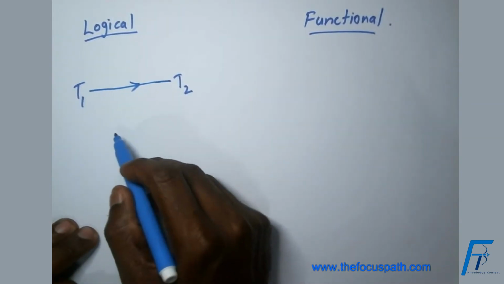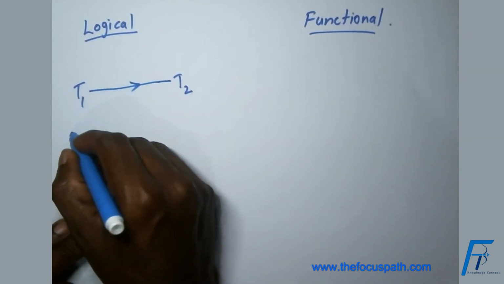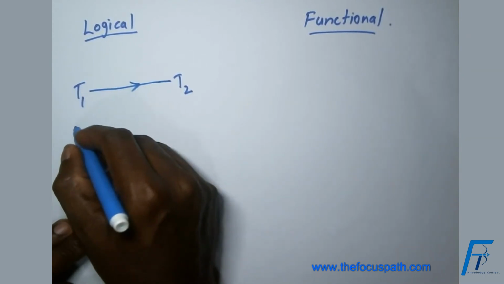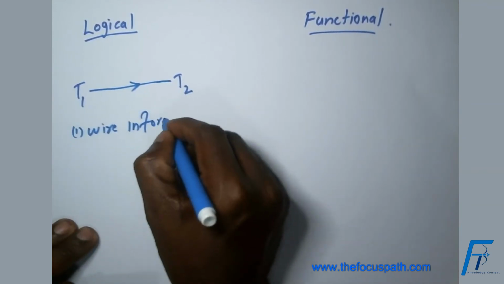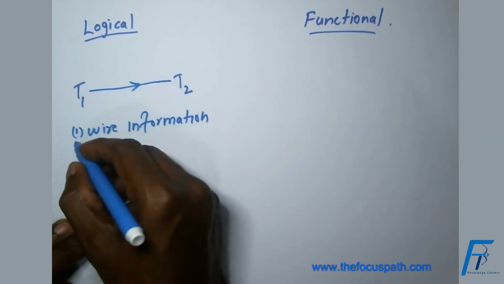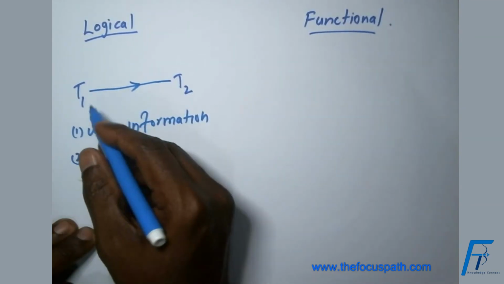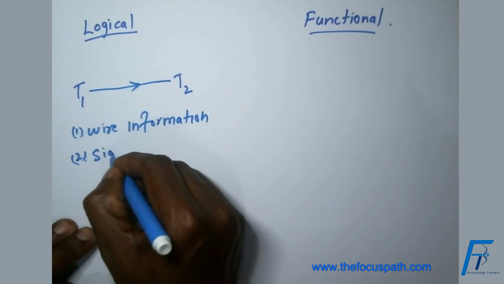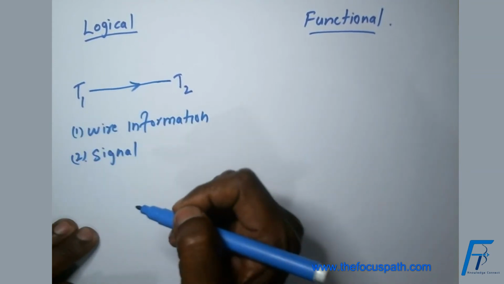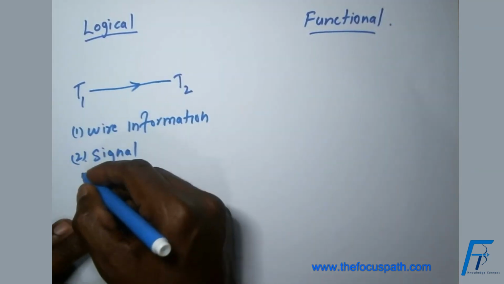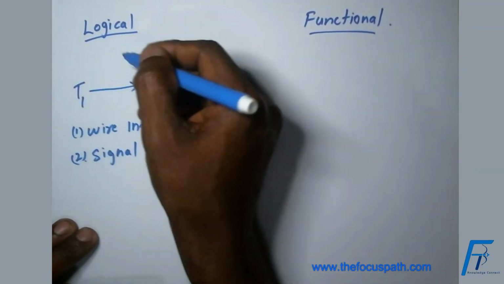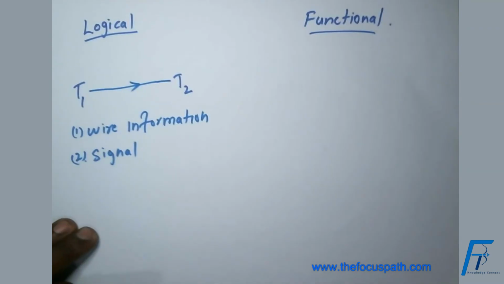So what are the things you will have? Here you will have the details about wire information, signal information, followed by the terminal details. The terminal details are nothing but the connector, all the stuff.